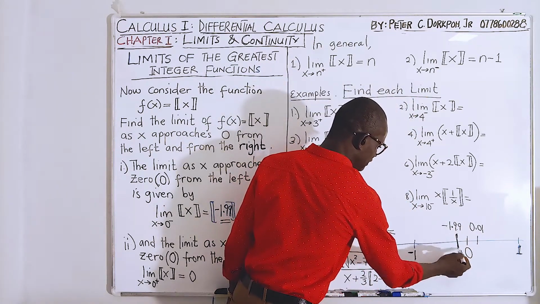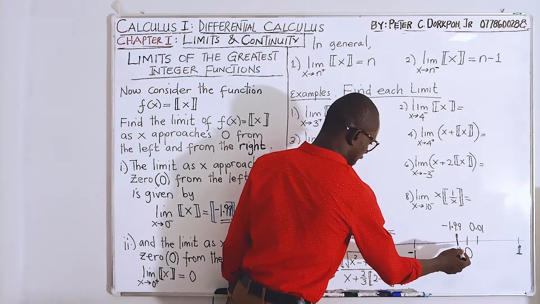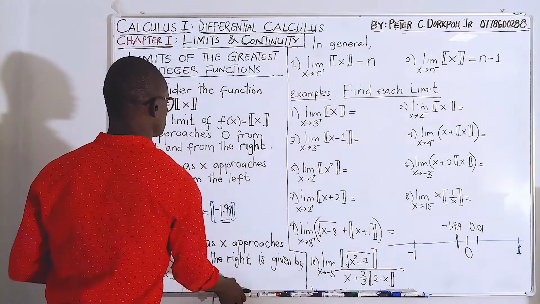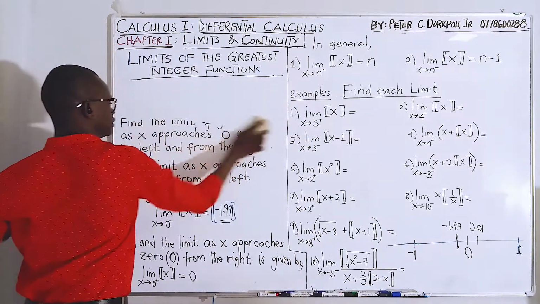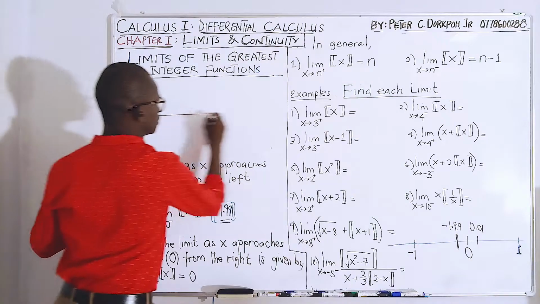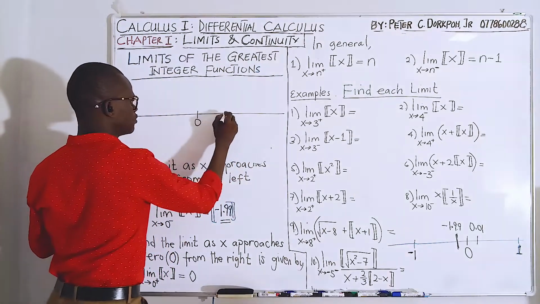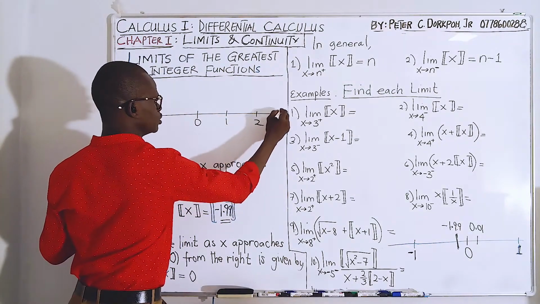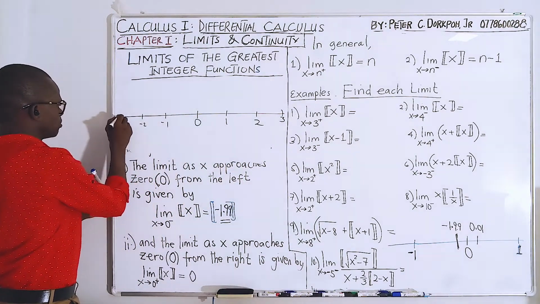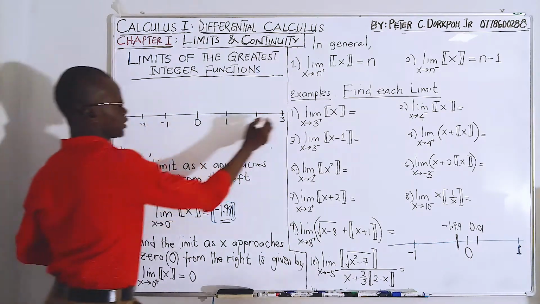Numbers that are less than this are numbers in this direction. Let's assume we have something up here like this: if this is 0, this is 1, 2, 3, for example, and minus 1, minus 2, minus 3, and so forth.